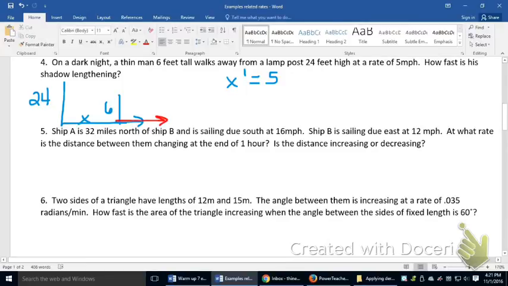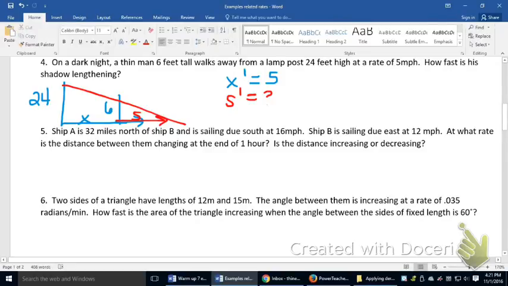Alright, this over here is where his shadow would be. If you think about the lamp shining down that way, we'll call that S. So shadow prime, or S prime, is what we're looking for. Now, these two triangles are similar triangles, so we're going to make a relationship with the two triangles.